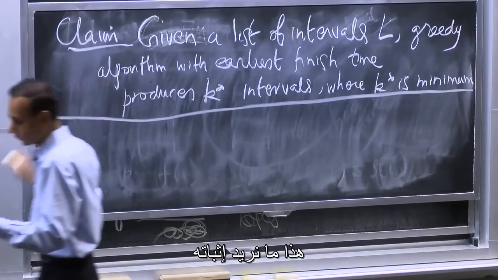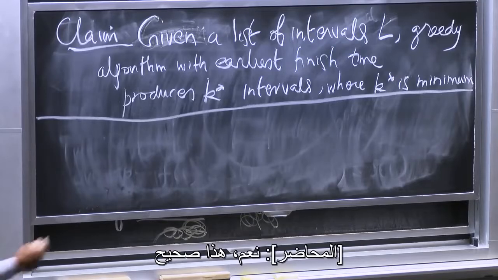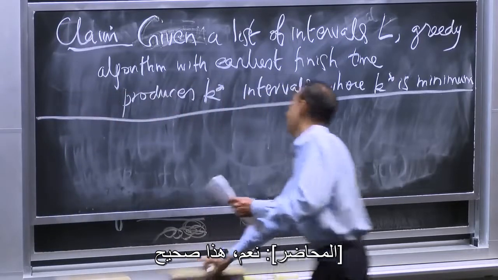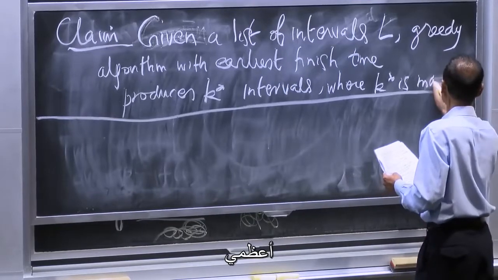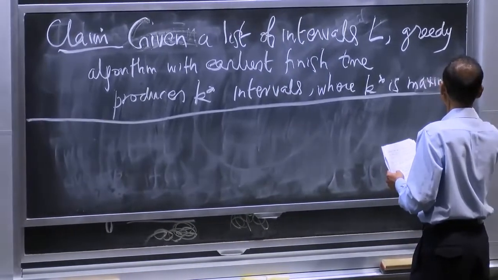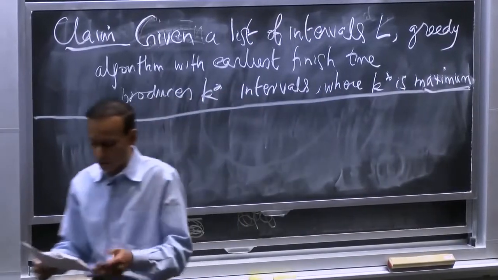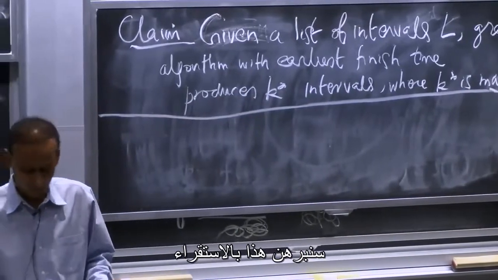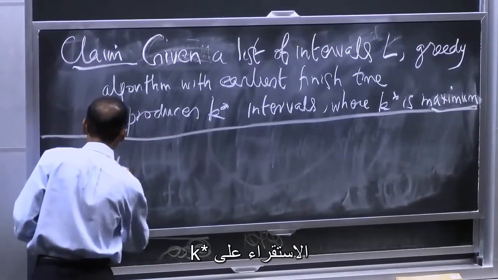So that's what we'd like to prove. Sorry, what happened? Oh, right. Good point. Maximum. What we're going to do is prove this by induction, and it's going to be induction on K star.